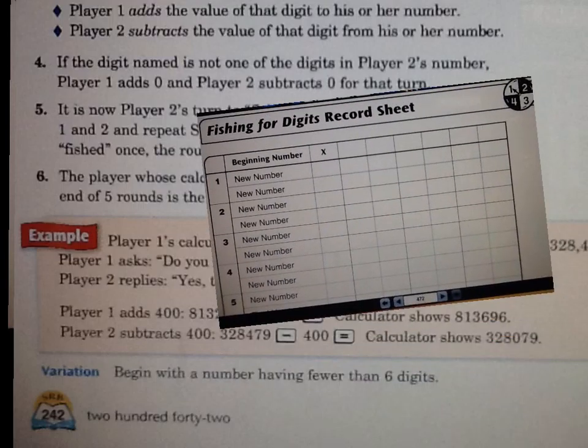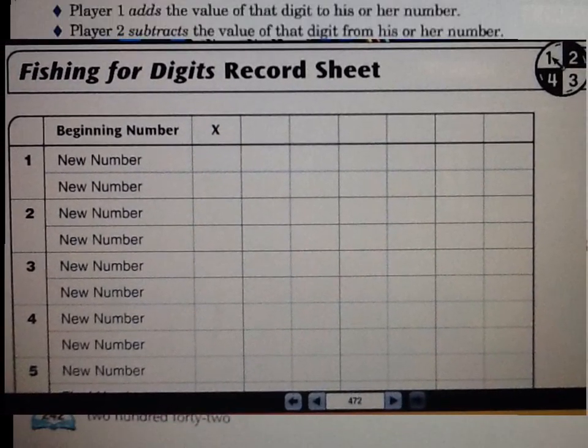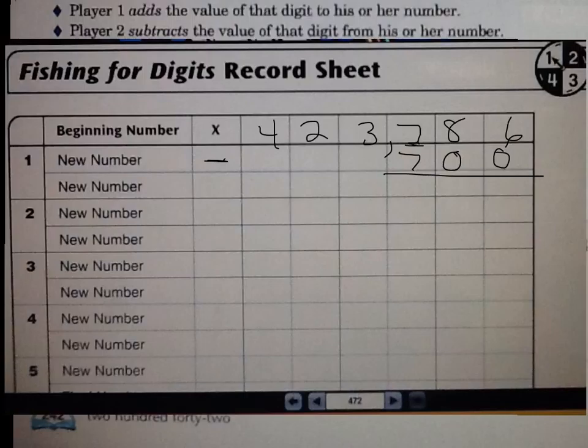If you would like to have it written out, you'll get a sheet that looks like this. You would then write in your number. And if somebody guessed your number, you would then need to subtract. So let's say player 1 guessed that it was a 7, so I'm going to subtract 700. And then my new number is going to be 423,086.